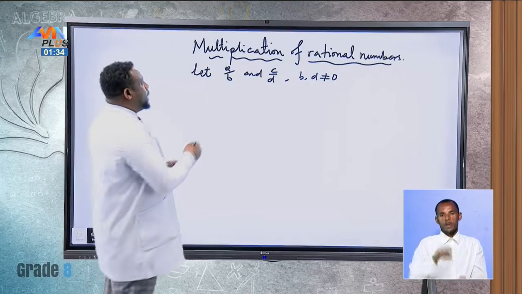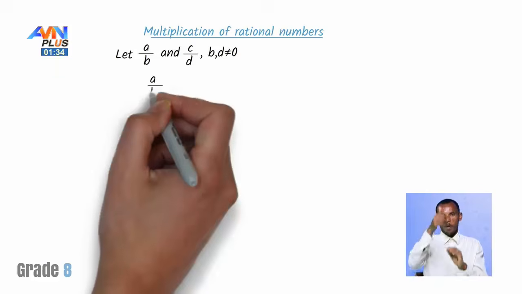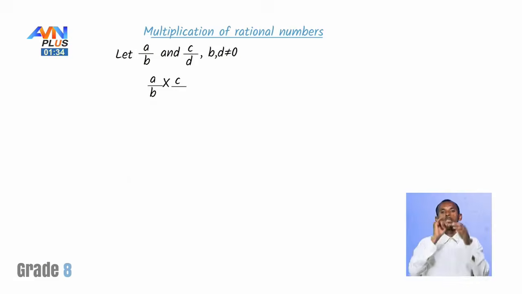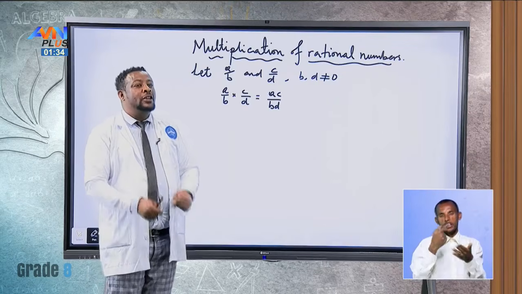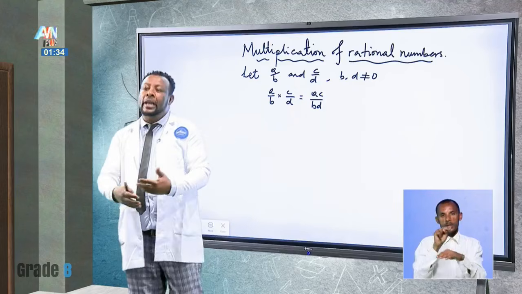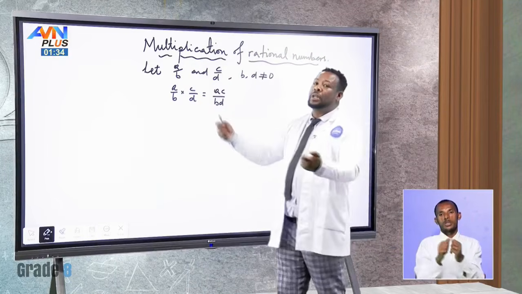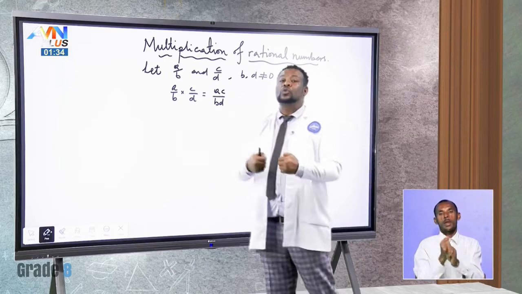The multiplication of these two numbers, A over B times C over D, is defined as A times C over B times D. Whenever we are multiplying two rational numbers, we usually multiply numerators with numerators and denominators with denominators. This is the procedure to calculate the product of two rational numbers.